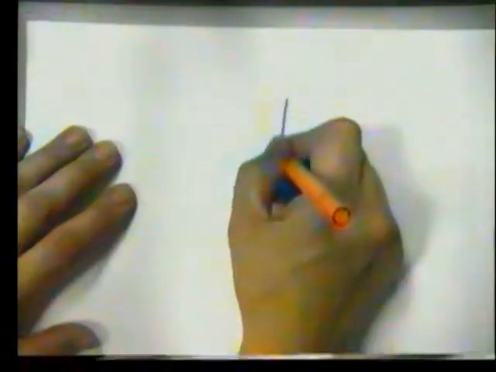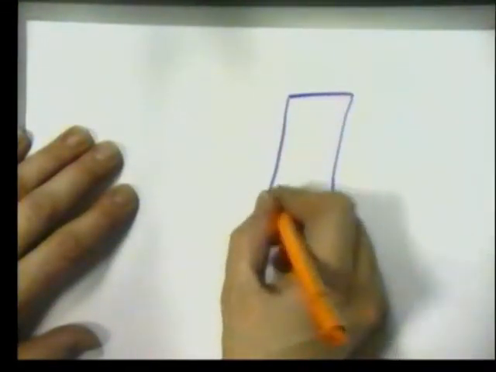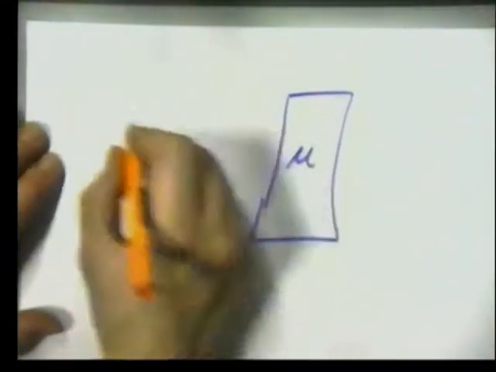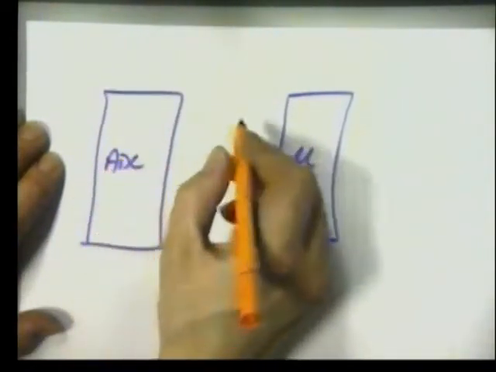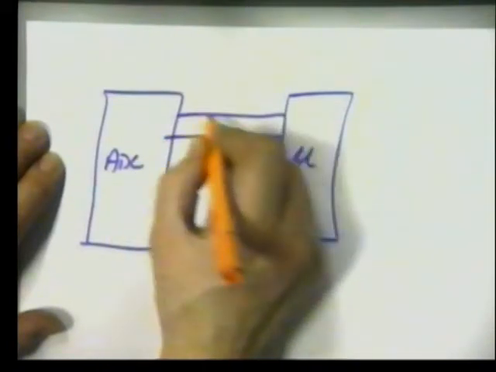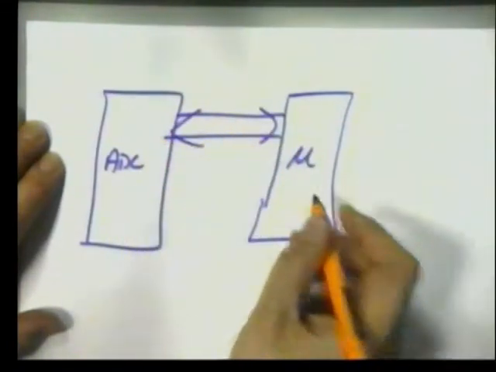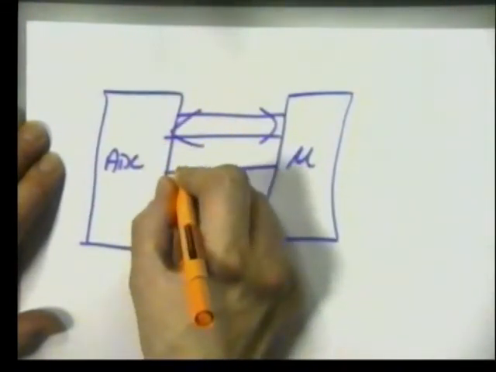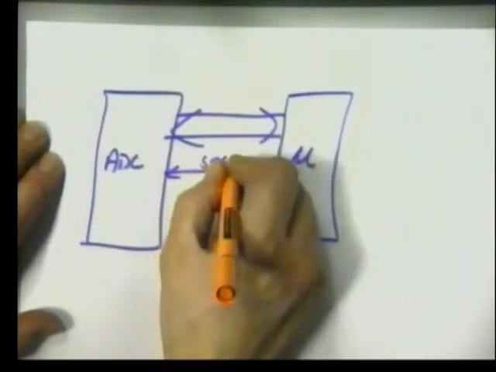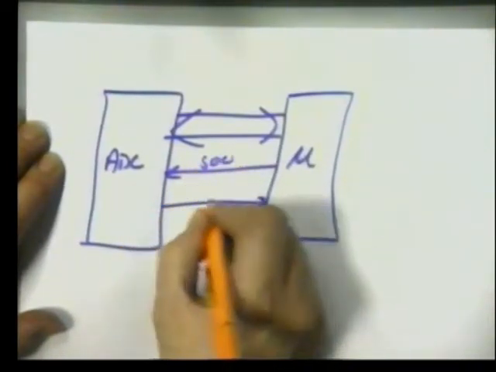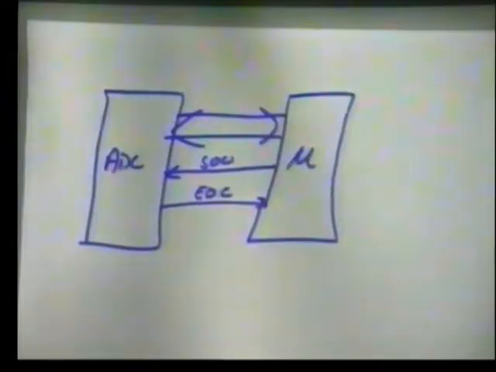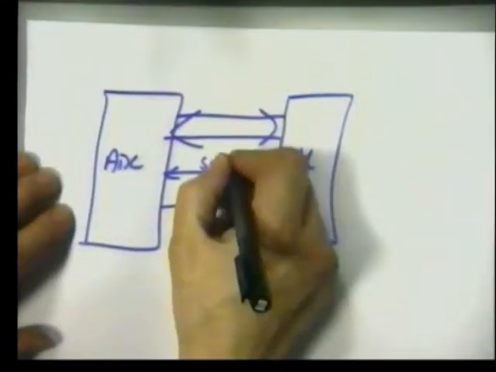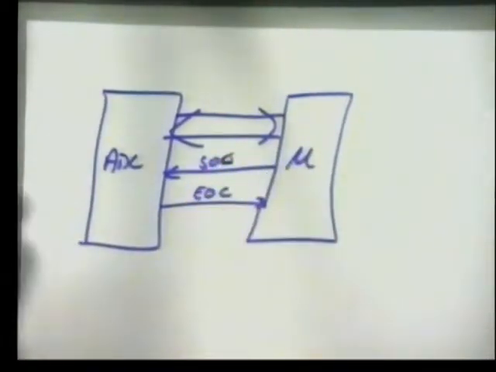First of all, we'll look at the traditional design. The traditional design is that we would have a microcomputer. There's the ADC. Somehow or other, it lives on the data bus. There is a signal that goes to it that is the start of conversion, and there's a signal that comes back that is the end of conversion. So this is the mechanism by which we control the actual process.